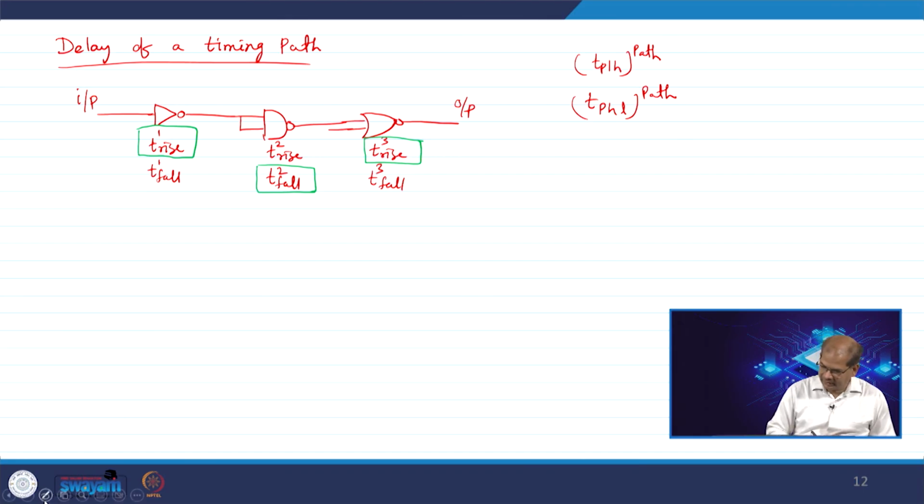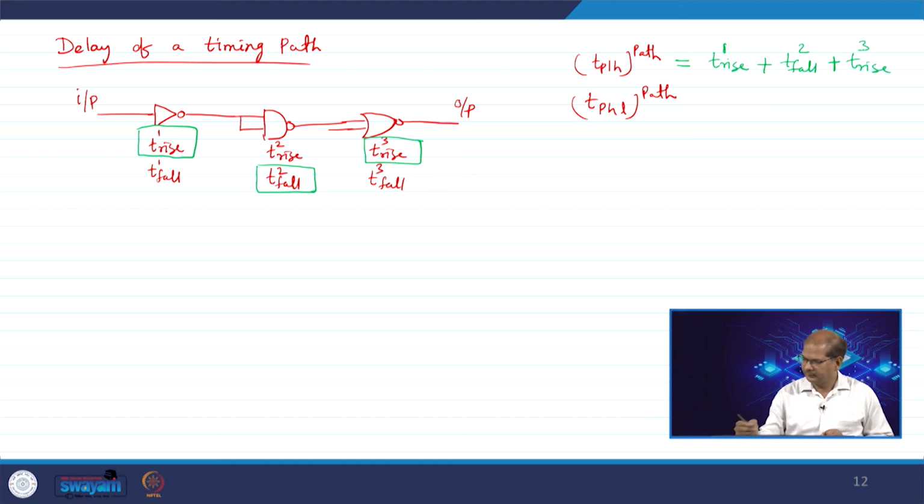So, I write here T rise of 1 plus T fall of 2 plus T rise of 3.